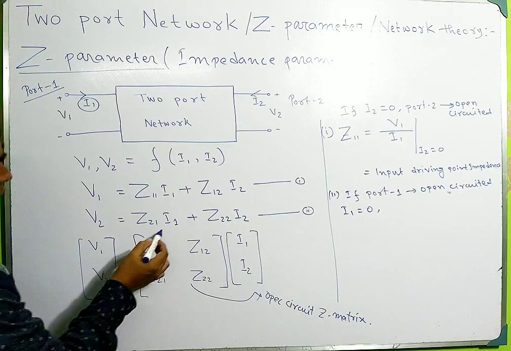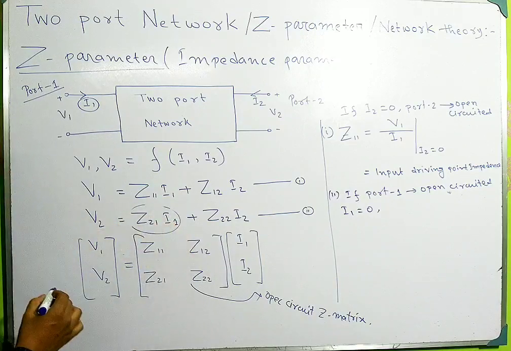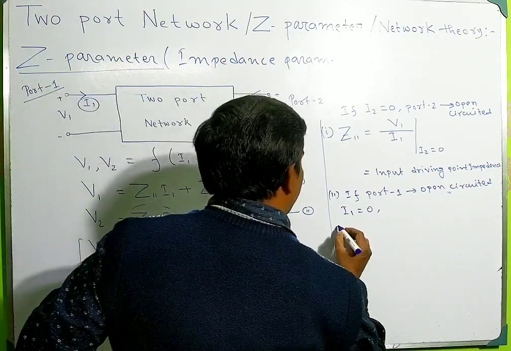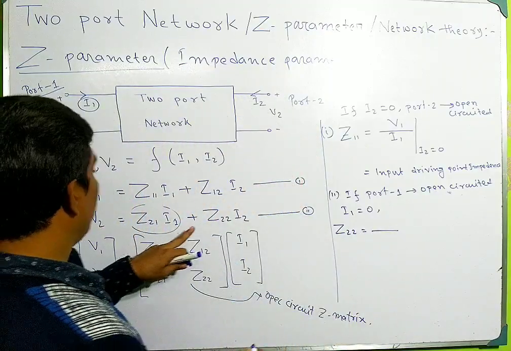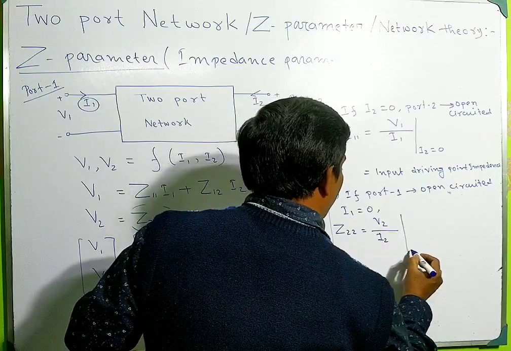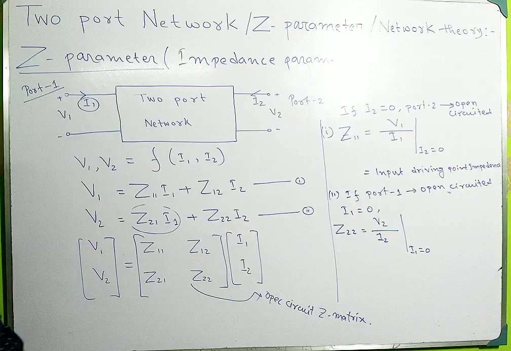Now if I1 is 0, then this term will be 0. Then from equation 2 we can write that Z22 is equal to V2 by I2 when I1 equals to 0. I1 equals to 0 means port 1 is open circuited.